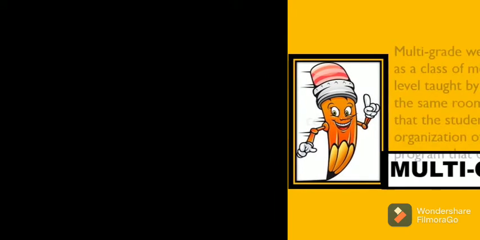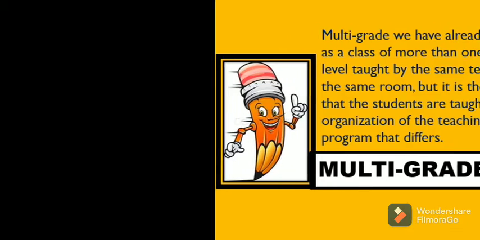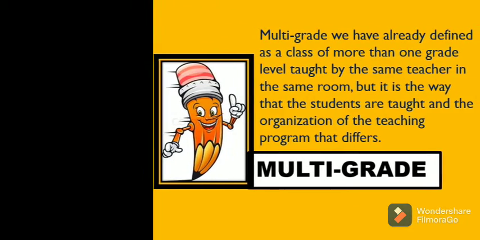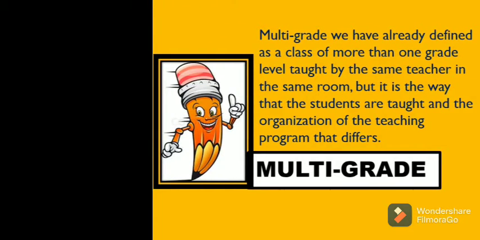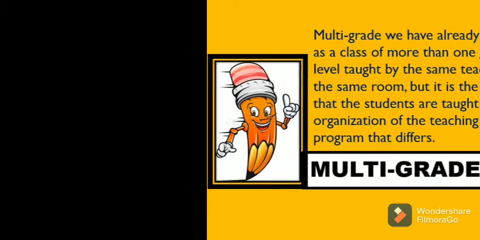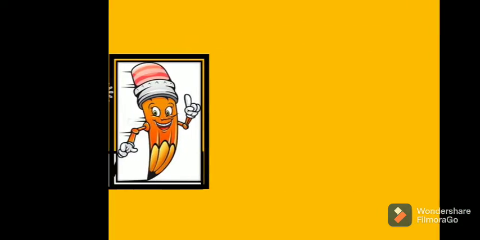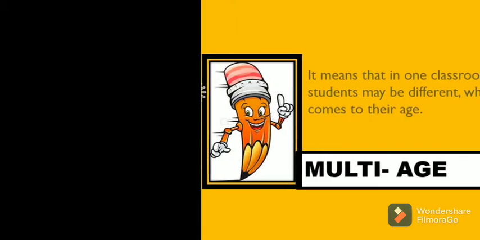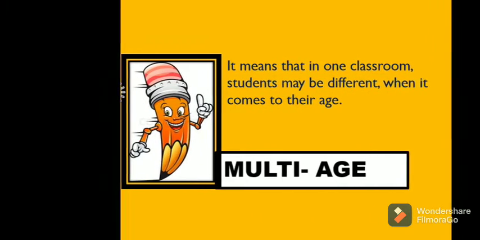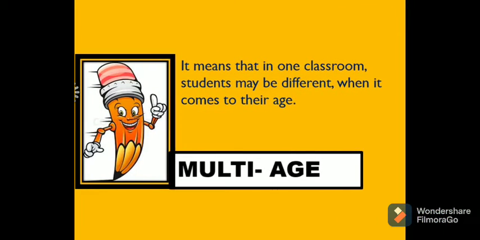Multigrade, we have already defined as a class of more than one grade level taught by the same teacher in the same room, but it is the way that the students are taught and the organization of the teaching program that differs. Multi-age means that in one classroom, students may be different when it comes to their age.